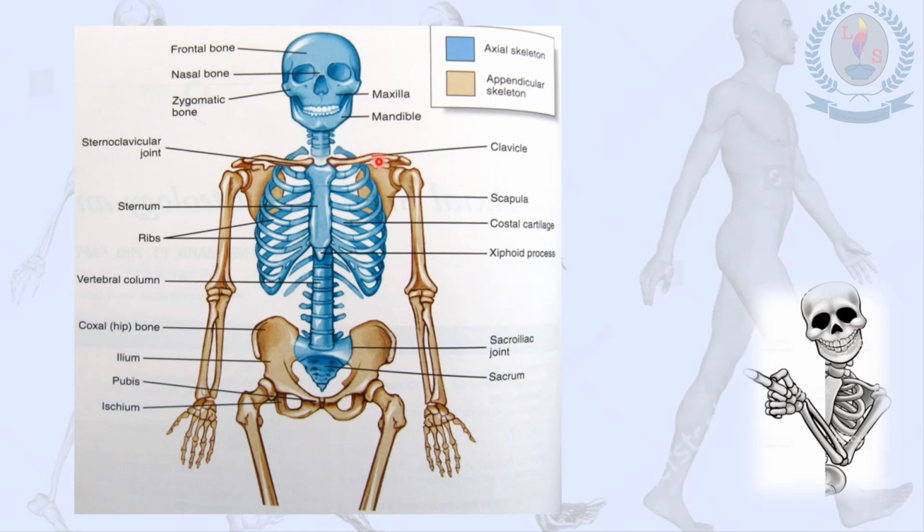These two clavicles, scapulas, pelvis and limb bones. That means the bones in your arms and legs. Again, clavicles, scapulas, pelvis and limb bones.